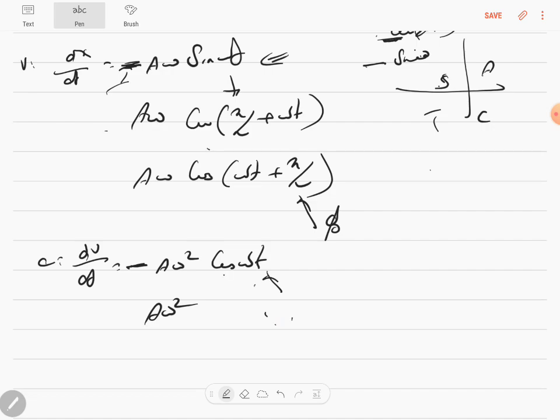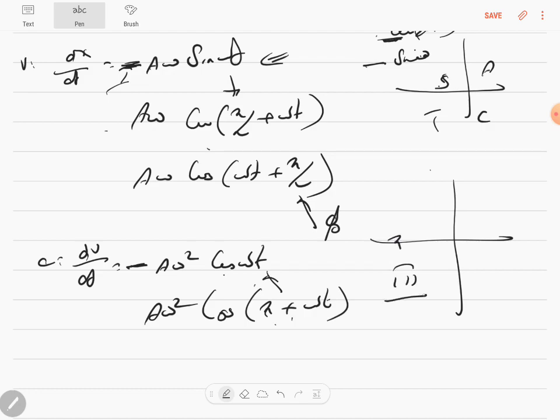Then I can't put 90 plus or 90 minus, 270 plus. Odd integral, no. It has to be an even integral. Even integral is pi, 180. I can write it as cos pi plus omega t. If I write it as pi plus omega t, it will be in the third quadrant and it will become negative.